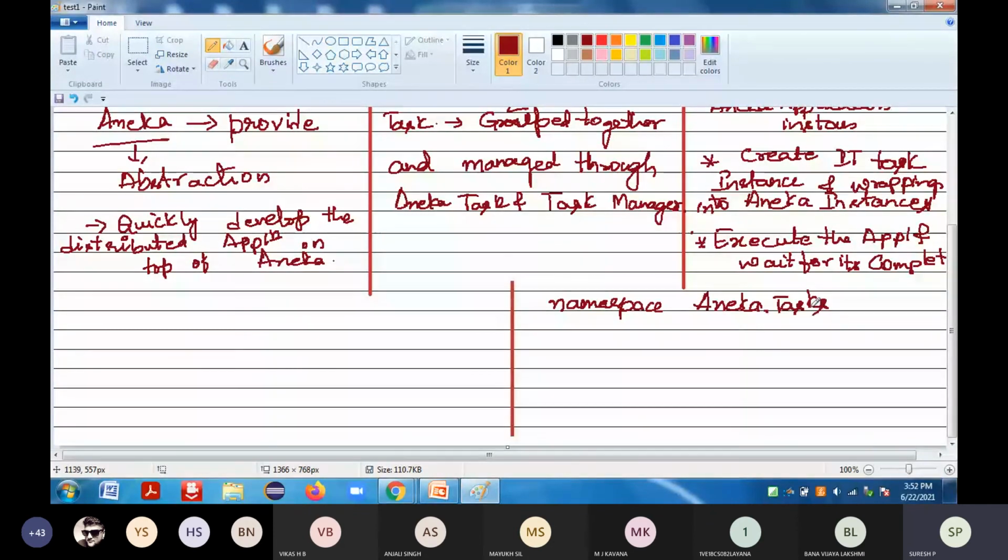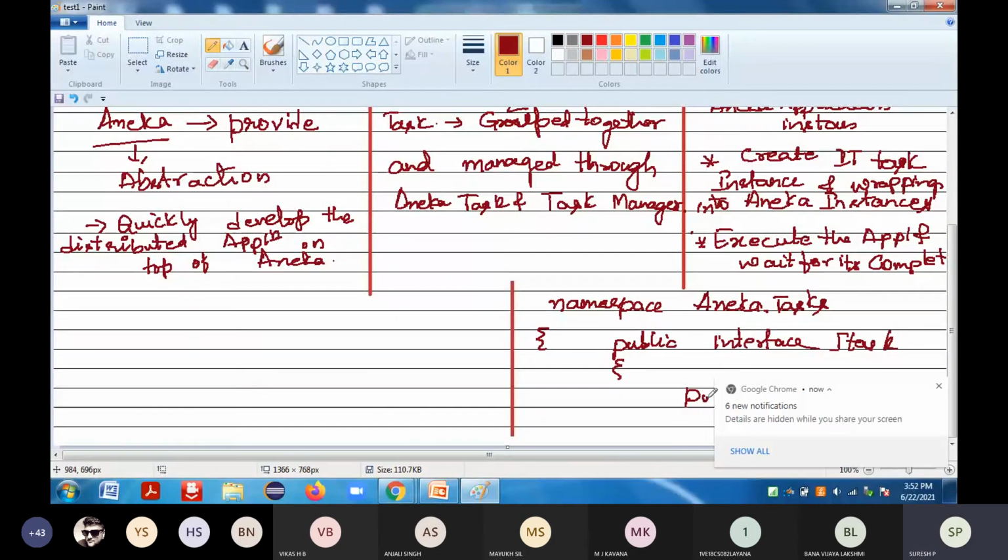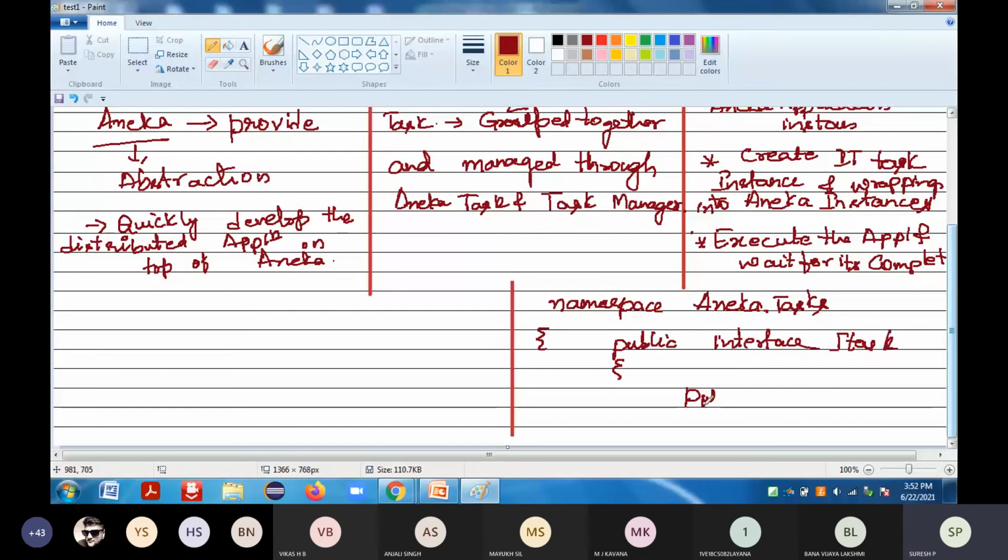Inside that one, you are going to have the class, which is a public interface ITask. Inside that one, you are going to execute the task, public void Execute. So this is what is going to happen here. Okay. So this is how your task modeling is going to be supported inside your Aneka.